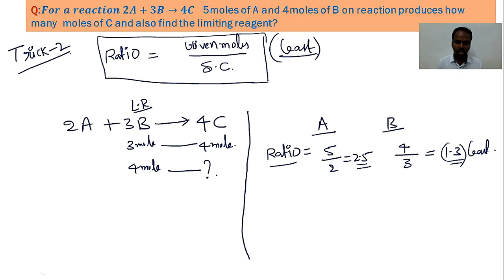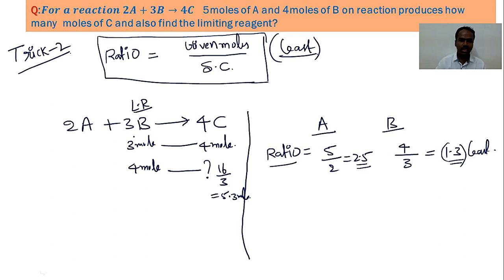That is 16 by 3, which is exactly equal to 5.3 moles. Hence, the moles of C produced is 5.3, and B is the limiting reagent. So this is the way to calculate the limiting reagent in the trick 2 method.